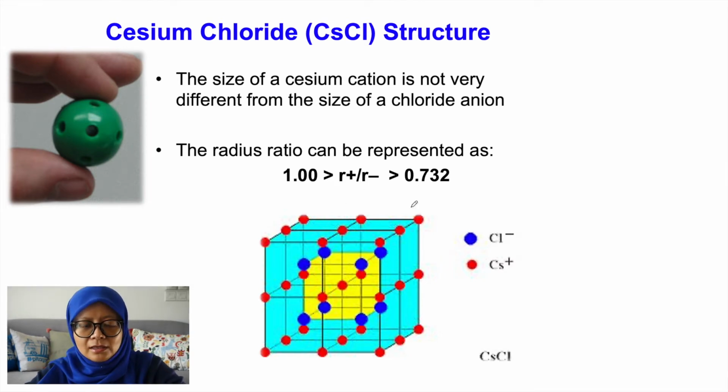This is the cesium chloride structure. The blue one is the chloride, while the red one is the cesium.